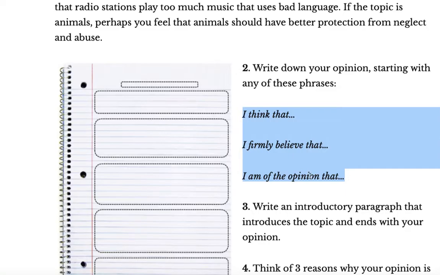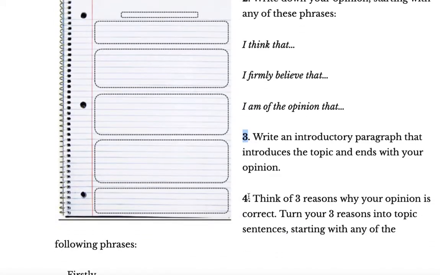The next step, number 3, is to write an introductory paragraph that introduces the topic and ends with your opinion, the way you just phrased it. So, introductory paragraph and your opinion. For the body of the essay, you need 3 reasons why your opinion is correct.